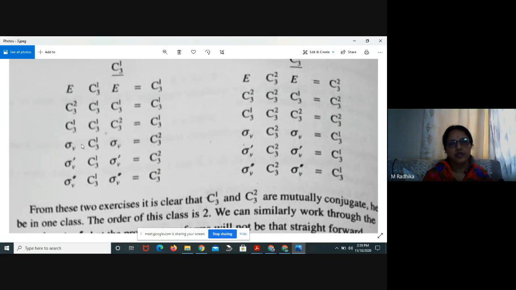Okay. So let me do this one. Sigma V C31. Sigma V is giving me C32. Okay, I will do this operation and show you. So at home you can always do it.